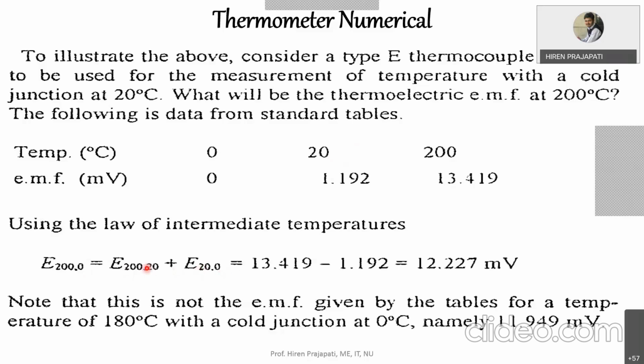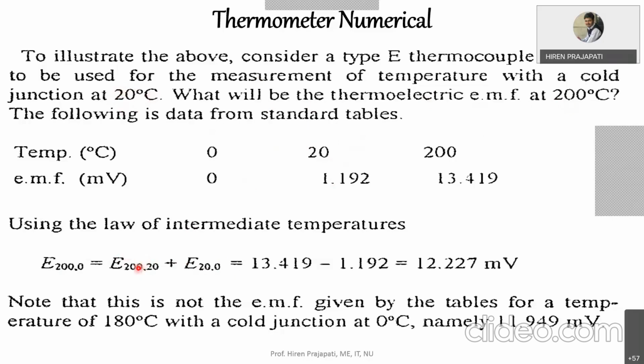Now if you look at this table, what we want is the thermoelectric EMF at 200 degrees Celsius. As per the intermediate temperature law, we got this relation. Now I want the thermoelectric EMF at 200 degrees Celsius when we have the cold junction at 20 degrees Celsius.